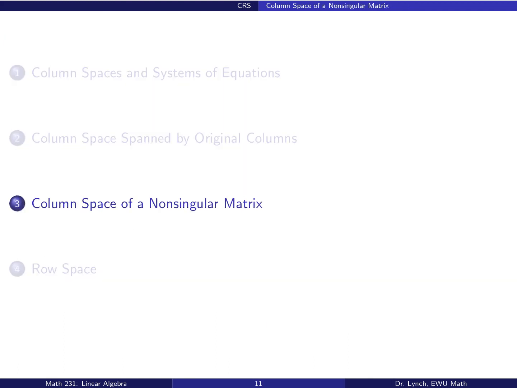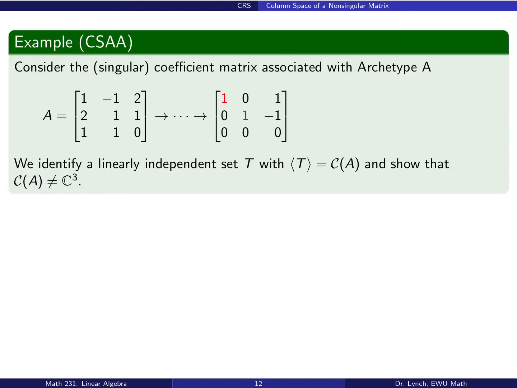Let's talk about the column space of a non-singular matrix. There's a similar idea here. We'll start with the singular coefficient matrix associated with archetype A. We know that this singular matrix reduces to this reduced row echelon form.